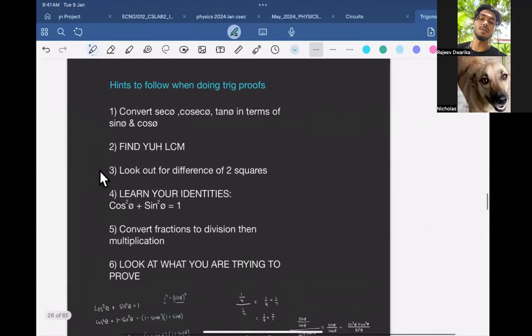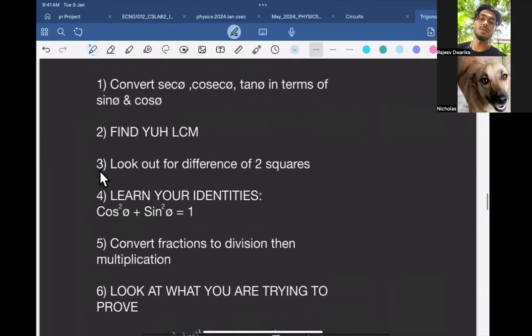Let me read through the hints one more time before we delve fully into the trig proofs. One, if you see sec theta, cosec theta, or tan theta, convert them in terms of sine theta and cos theta immediately. Two, find the LCM. Three, look out for difference of two squares. Four, make sure you know your identity that cos squared theta plus sine squared theta is 1.